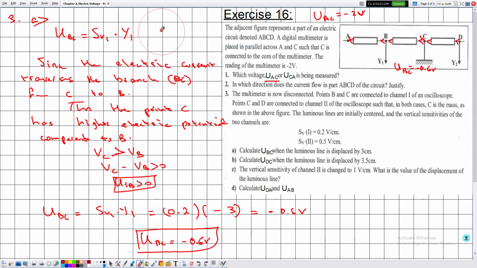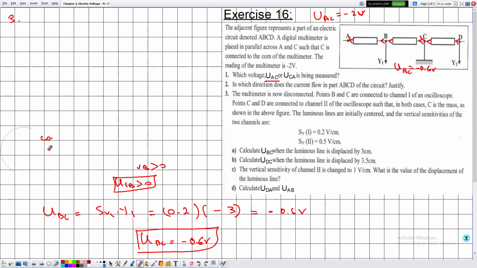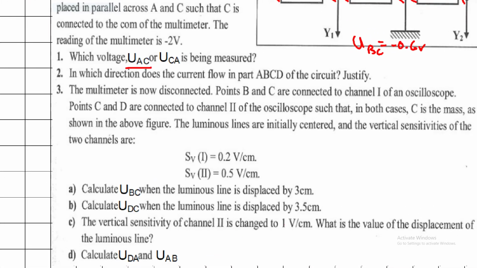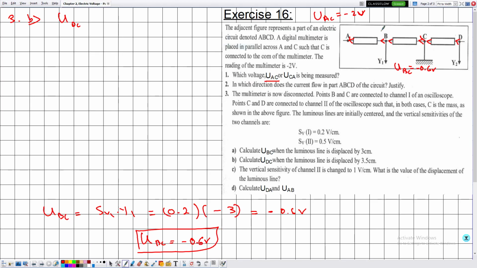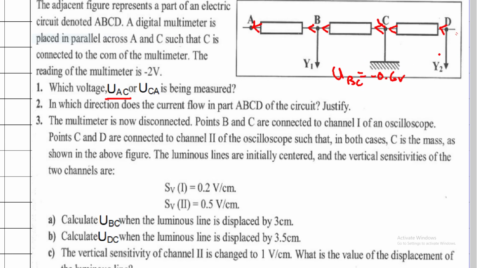Now in part B, they are telling me to calculate UDC when the luminous line is displaced by 3.5 centimeters, and notice that UDC is being measured by channel 2 of the oscilloscope, so we need to use Y2 and SV2.